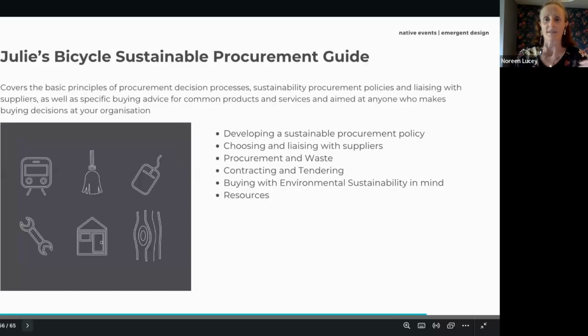What's on the market? What is available? It goes through procurement and waste, contracting and tendering, and then buying with environmental sustainability in mind. The Julie's Bicycle Sustainable Procurement Guide also provides a really nice list of resources itself. These are really helpful documents as a reference point to get you started.